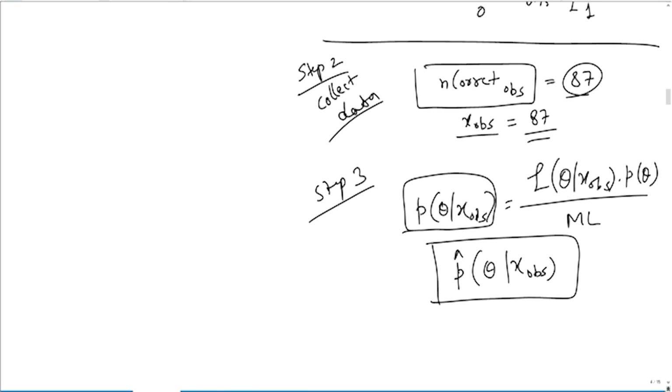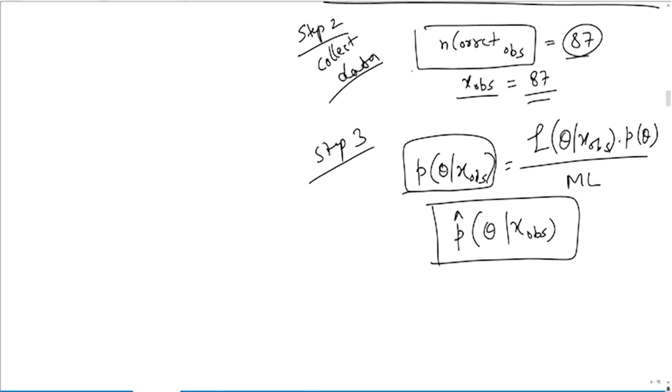So, that is why we write p hat. It is an estimate of the true posterior distribution given the data. If you have different data, you would have a different estimate of the true posterior distribution, right. So, this is our estimated posterior distribution. That is step 3. So, estimate the posterior distribution.